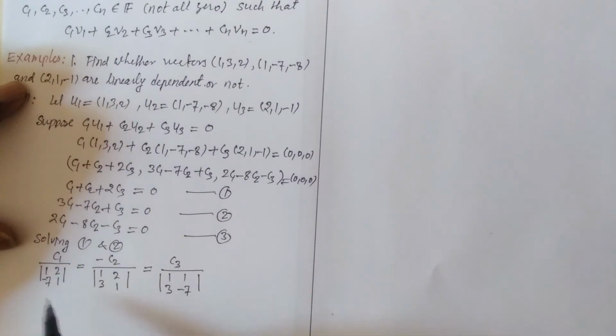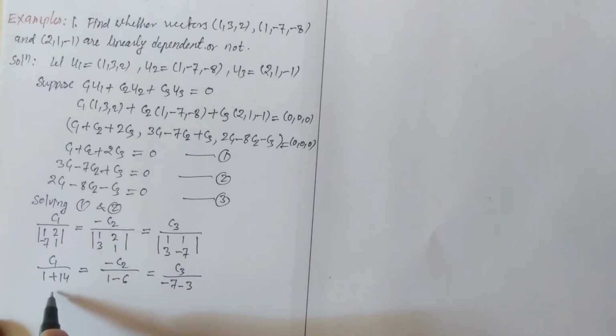Now solve this. c1 divided by the determinant, we simplify: 1 cross multiplying 1, 7 to the 14, plus 14, and this equal to minus c2 divided by cross multiplying 1 minus 3 to the 6, and this equal to c3 divided by minus 7 minus 3.